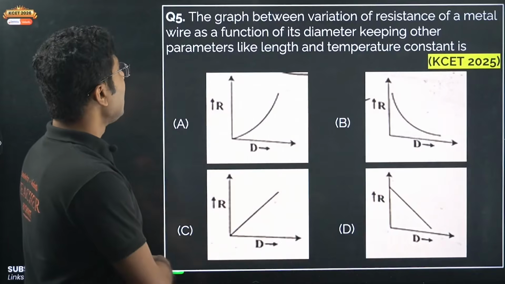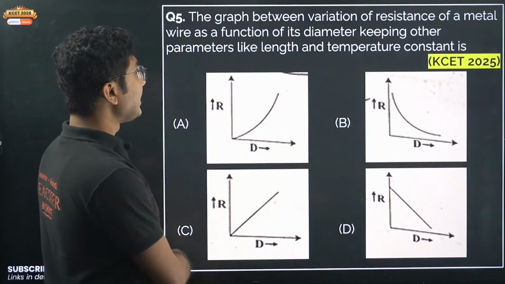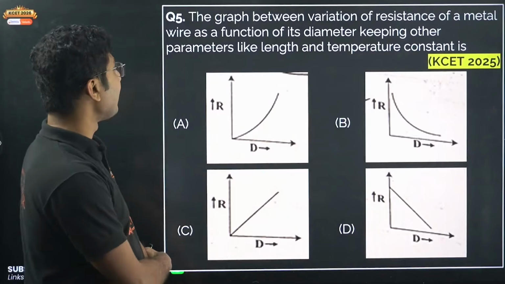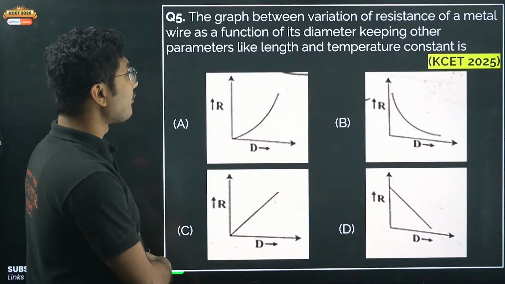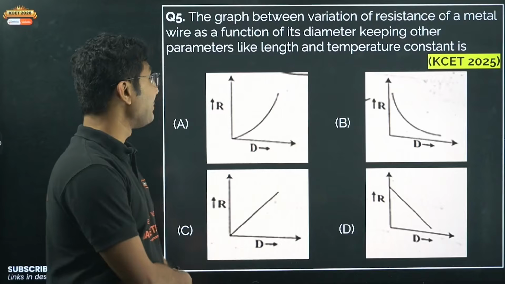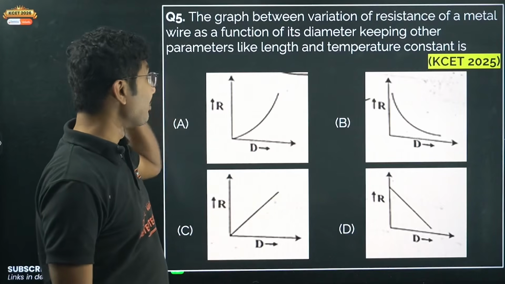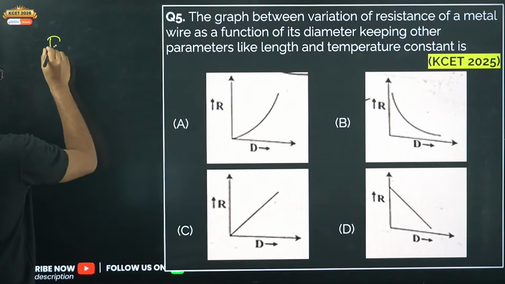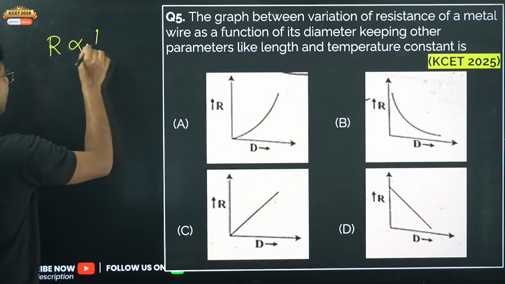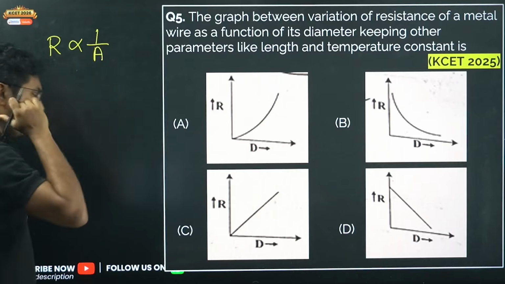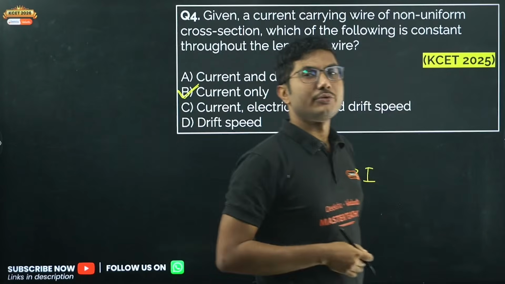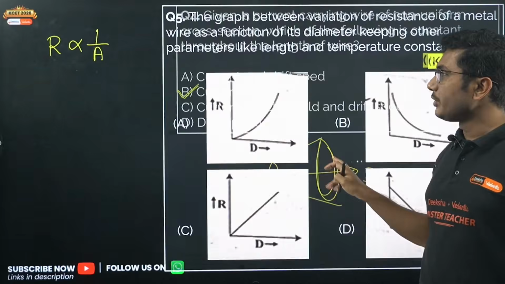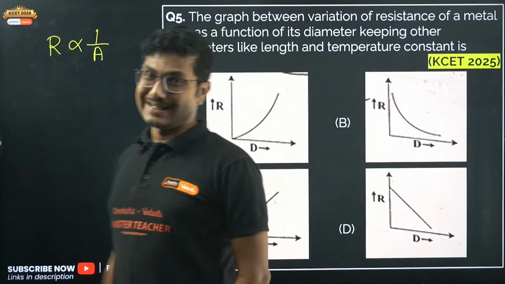Next question. The graph between variation of resistance of a metal wire as a function of its diameter, keeping other parameters like temperature constant. So we know that resistance of a wire is directly proportional to its length and inversely proportional to its area. Now what is area?